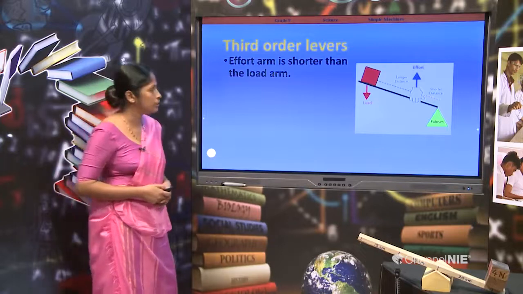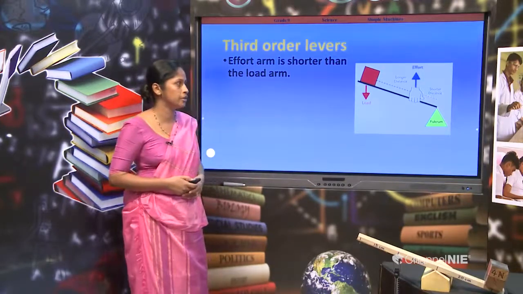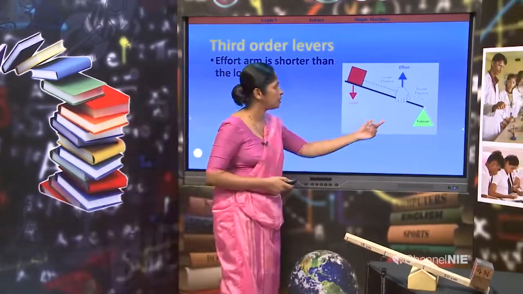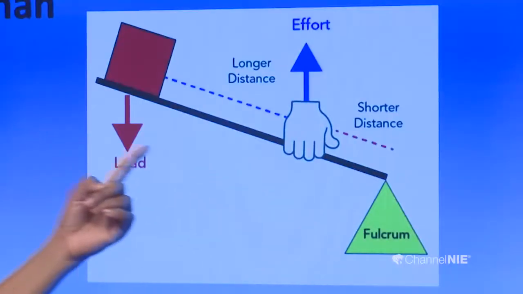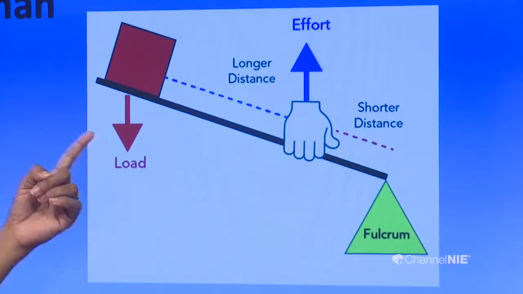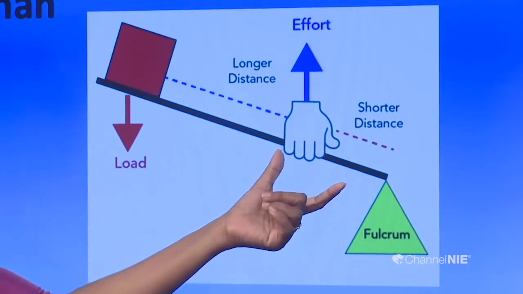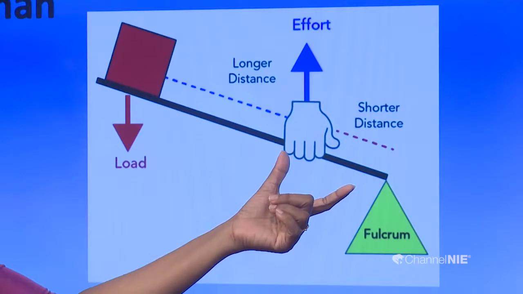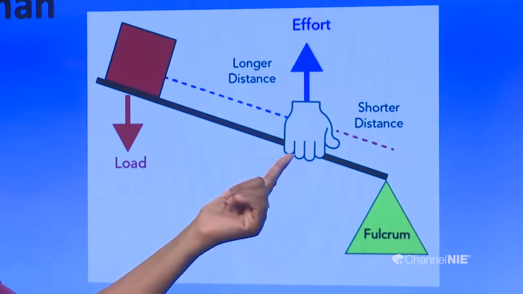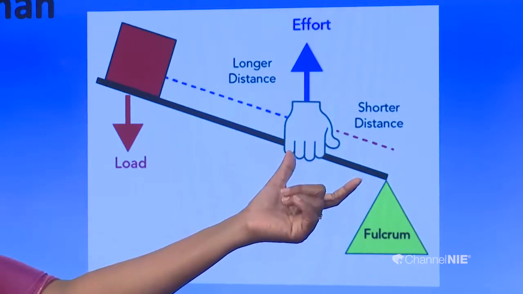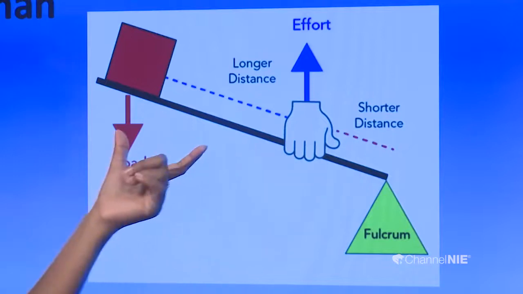In third order levers, it is a little bit different. You can see the fulcrum and load. The load arm is greater than the effort arm. Fulcrum and effort. The effort arm is smaller than the load arm.